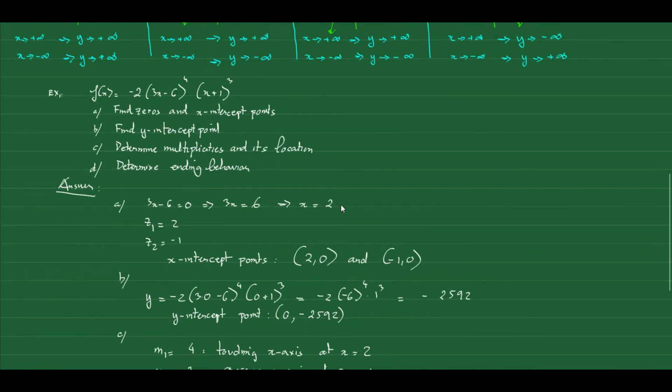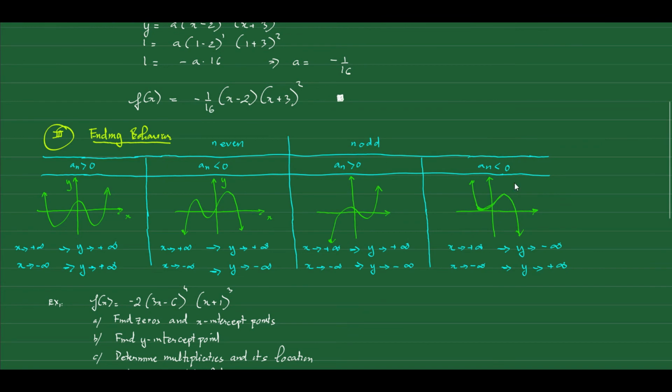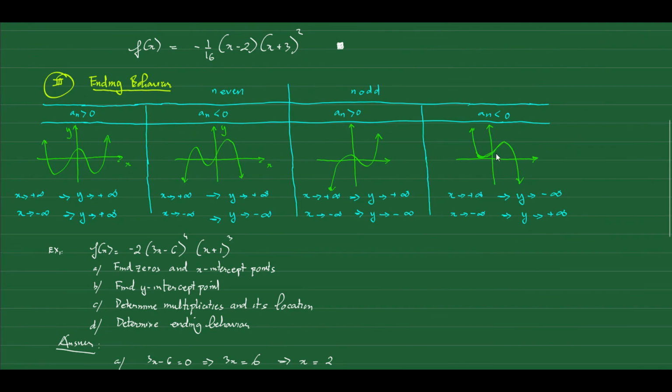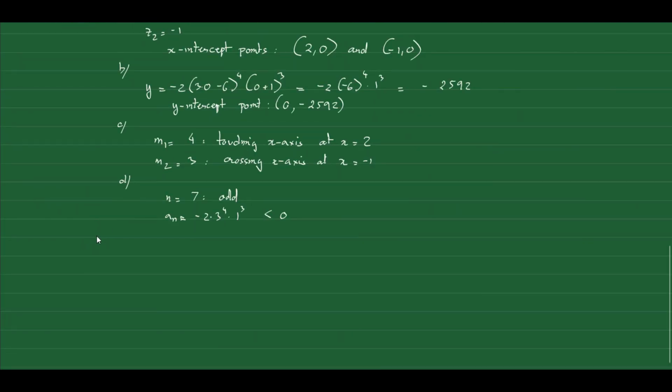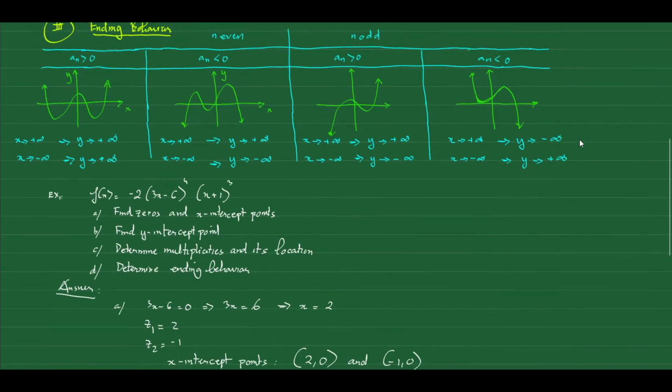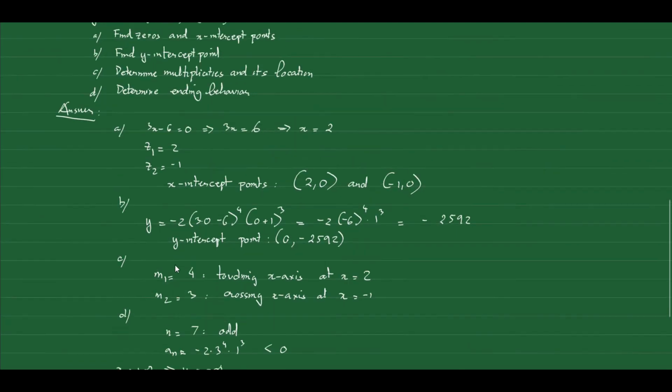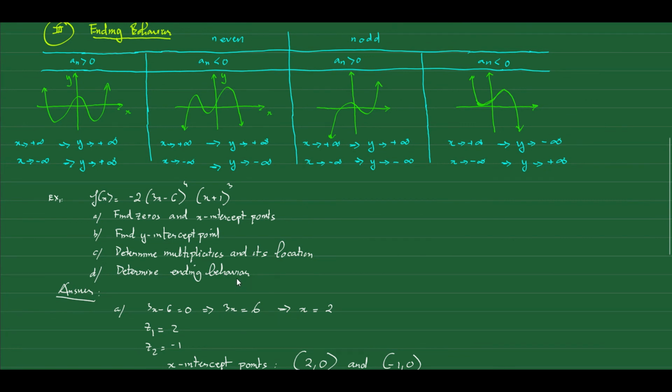And if it's odd and negative, this is your end behavior in this case, the fourth case. So when x approaches positive infinity, y approaches negative infinity, and when x approaches negative infinity, y approaches positive infinity. Okay, here you go. That's the end behavior. Good. Very simple.